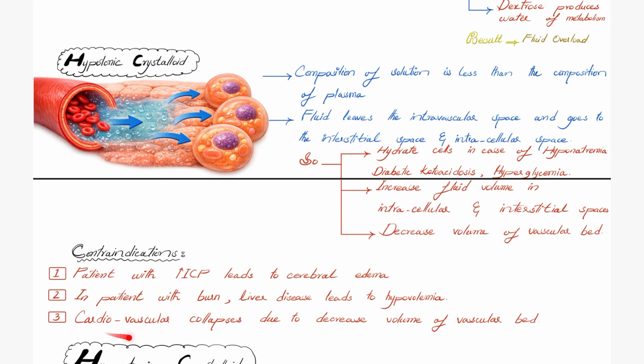In cardiovascular collapse, it is dangerous due to the decreased volume of the vascular bed, because when there is a cardiovascular drop there will be hypoperfusion, and the cardiovascular system can't maintain adequate blood flow to the tissues and organs. Why? Because there is already a decreased volume of the vascular bed.